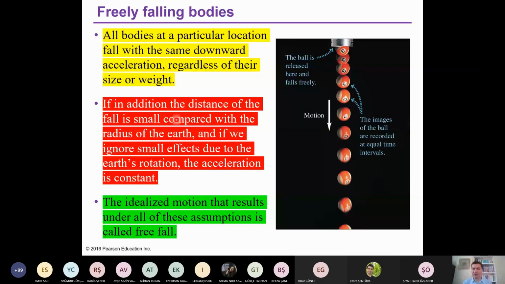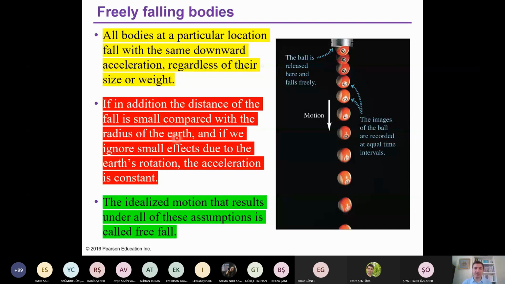So just consider the radius of the Earth and a particle coming from space, then the distance of the fall is huge compared with the radius of the Earth. But within this lecture, within this course, we will deal with falls of, for example, 5 meters or 5 kilometers from the ground.